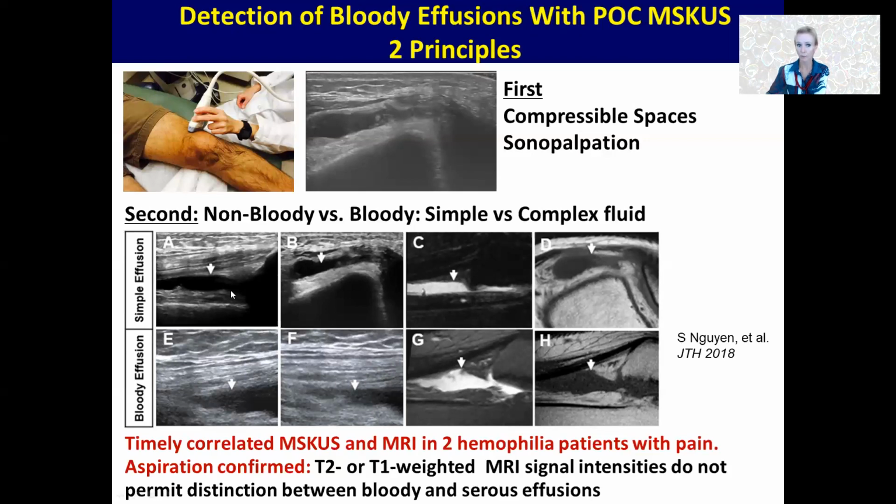This was aspiration confirmed, and then the patient underwent MRI scanning, and you can see that on the MRI, in the T2 fluid-sensitive sequences as well as in the T1 sequences, there was no distinction between bloody and serous effusions.